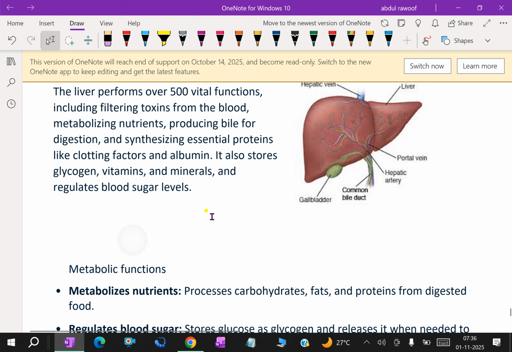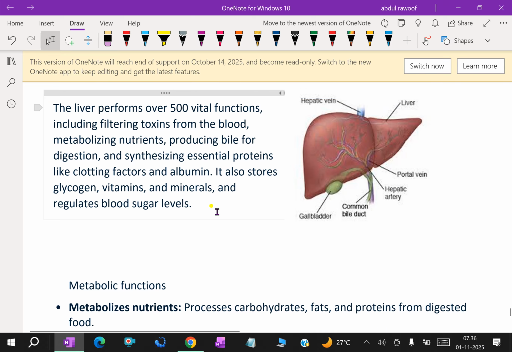The liver performs over 500 vital functions, including filtering toxins from blood, metabolizing nutrients, producing bile for digestion, and synthesizing essential proteins like clotting factors and albumin. It also stores glycogen, vitamins, and minerals and regulates blood sugar level.